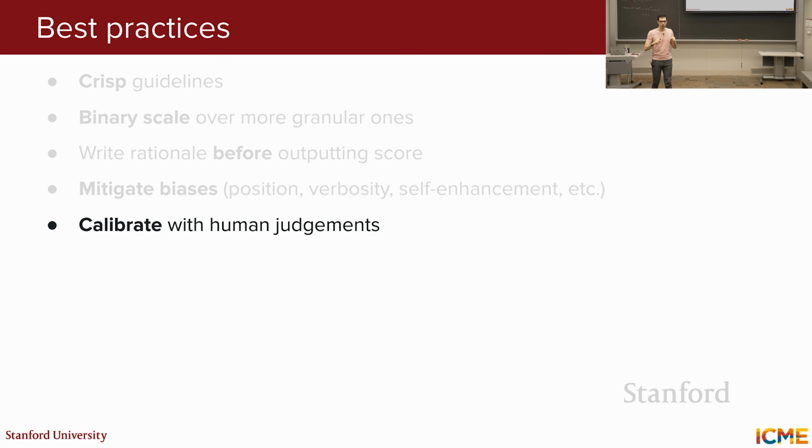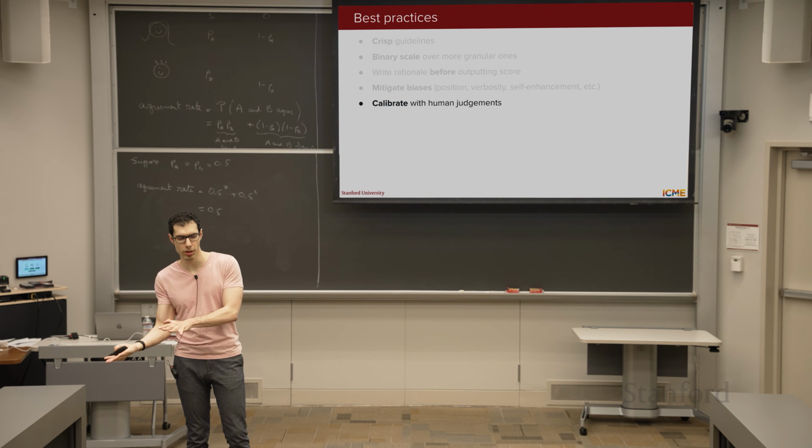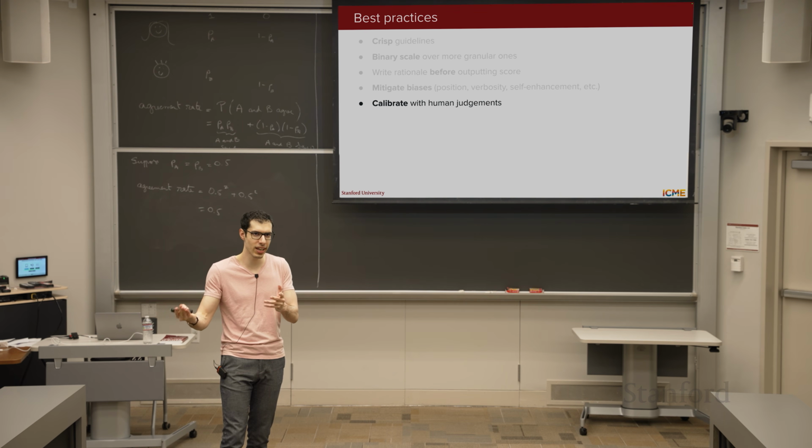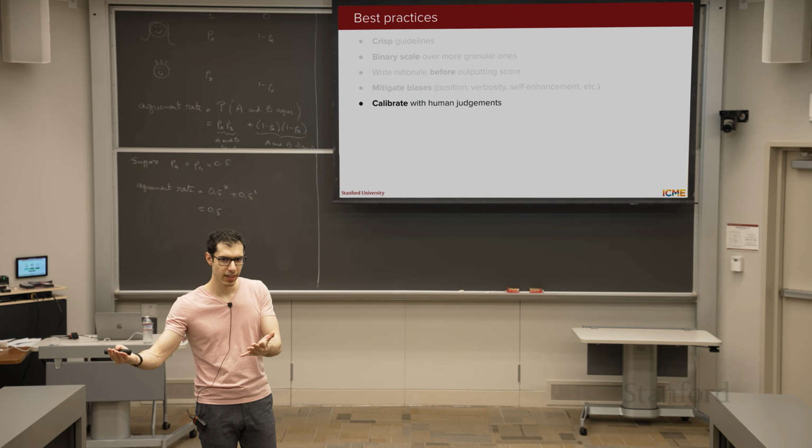So far, we've stated that we do not need human ratings to get started. But a good practice is to still look at how the LLM ratings compare with the human ratings. Here, one tip is to calibrate the responses that the judge is giving with respect to the human ratings, because at the end of the day, it is the quantity that we want to approximate.